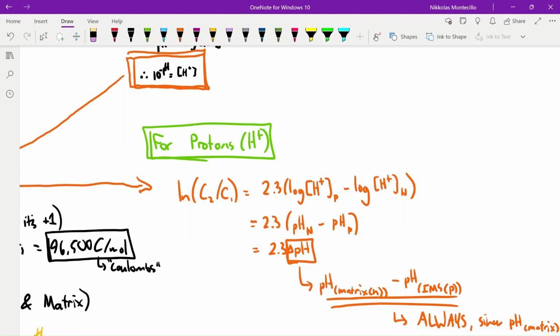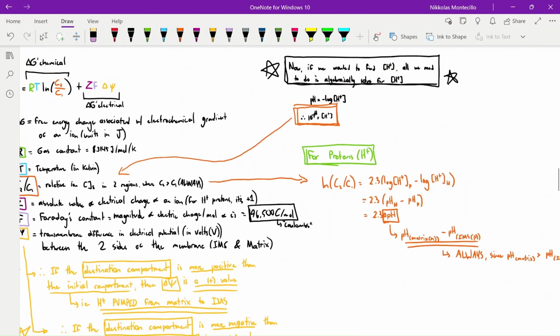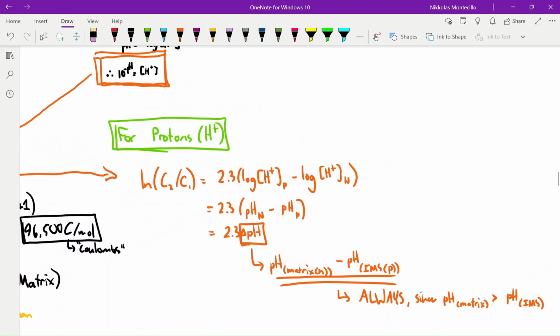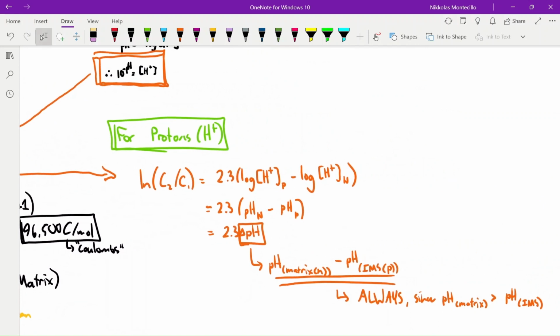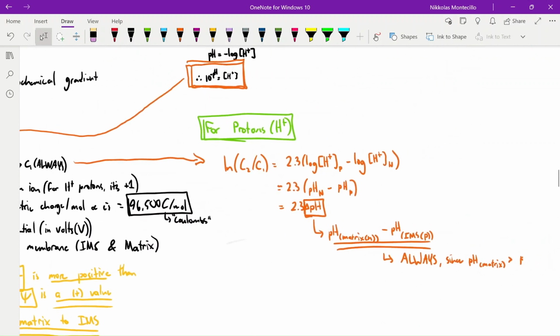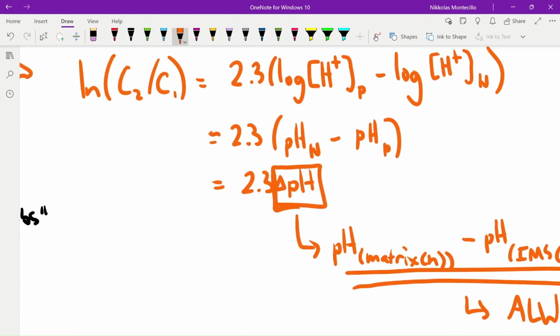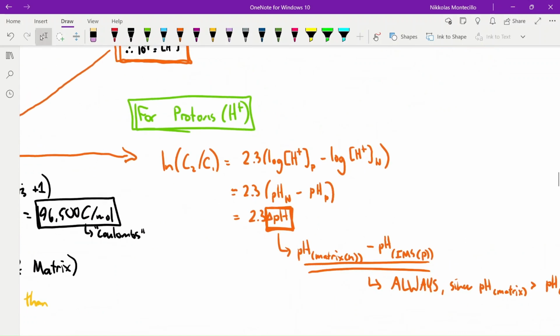So 2.3 times the pH of the matrix minus the pH of the intermembrane space is equivalent to the change in pH, as I show here in this diagram.